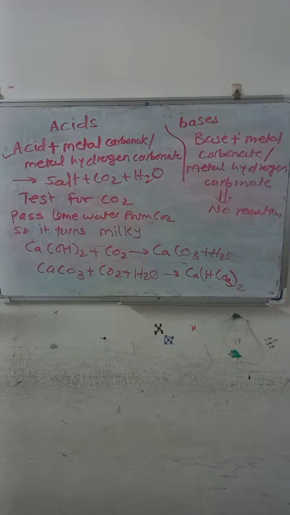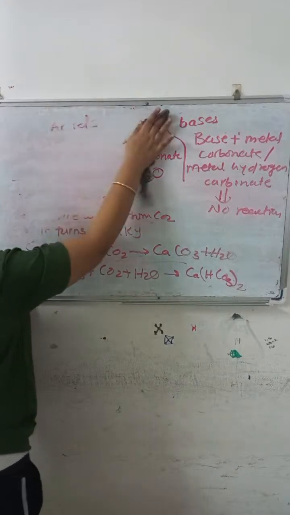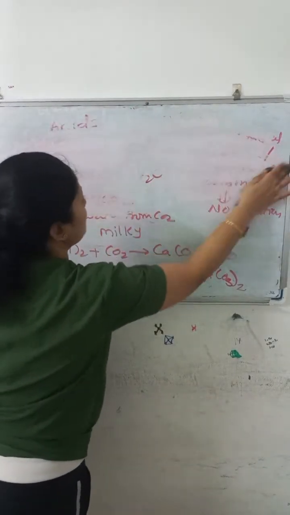I will give the idea for acid and base, and then we will go for the question and answer session, which will be easy. After this you can write down the next part, that is the reaction of acids and bases with each other. Whenever acids and bases react with each other, it is a neutralization reaction, or neutralization takes place.